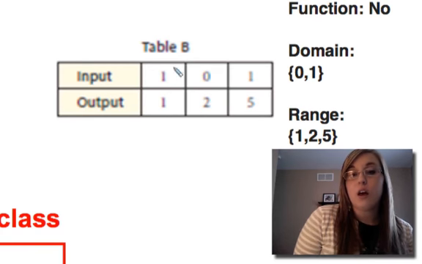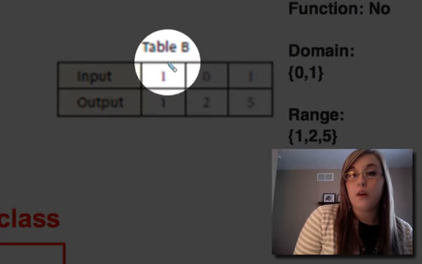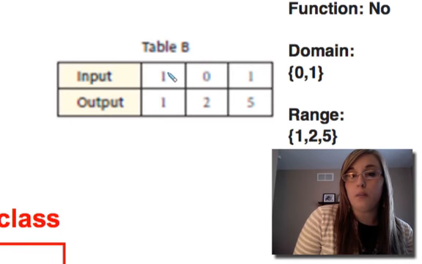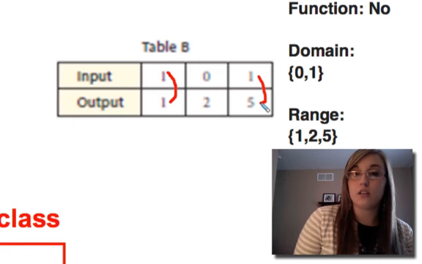Now you look at Table B, our second example, and this one, as you can see, is not a function. That's because if I put in a 1 for my input, a 1 could give me a 1 for my output, or a 1 might give me a 5 for my output. Because there are two different y's or outputs for the same number in the input, a 1, that cannot possibly be a function.